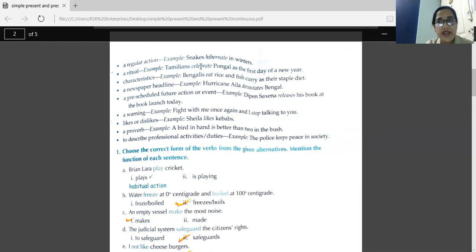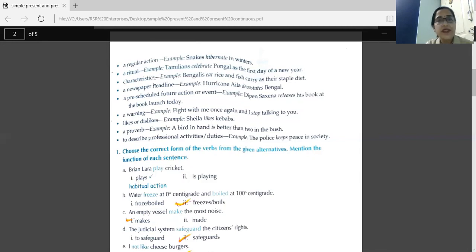So celebrate, we are using the first form of the verb because we have Tamilians, a plural word, a plural subject there. So celebrate will remain celebrate only. You will not write Tamilians celebrates. That is wrong. Tamilians celebrate Pongal as the first day of a new year.